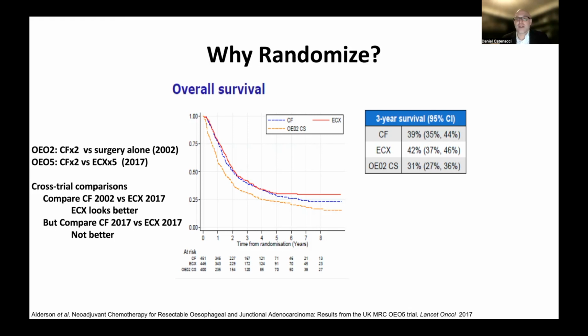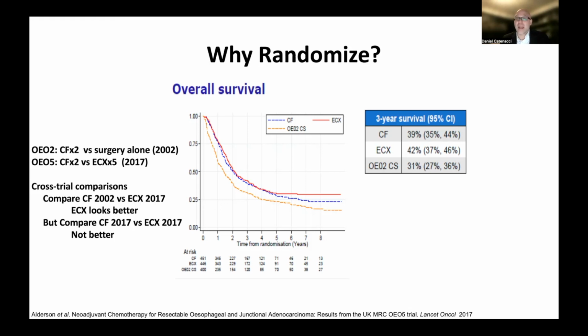And so we have come to learn that we have to be very careful when we do that, because in this particular example, if you were to compare the outcome of the cisplatin and 5-FU in 2002 versus the outcome of ECX in 2017, that's comparing the orange curve versus the red curve. The red curve looks clearly better.